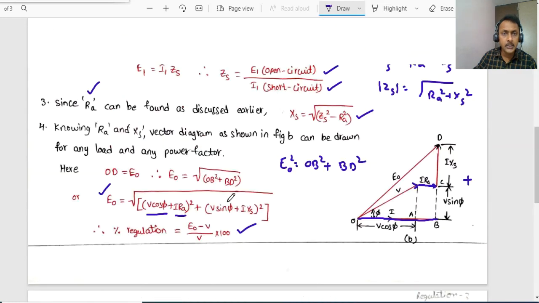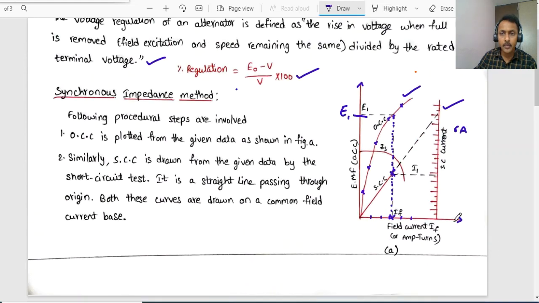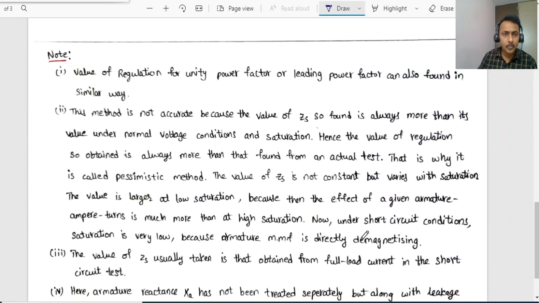But here, using this synchronous impedance method, there are some drawbacks. This method is not accurate because the value of ZS found using this method will always be more than its normal value under normal voltage condition, and also the saturation effect is not considered here.